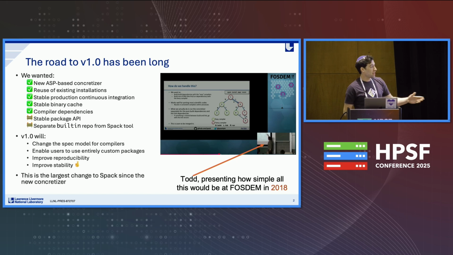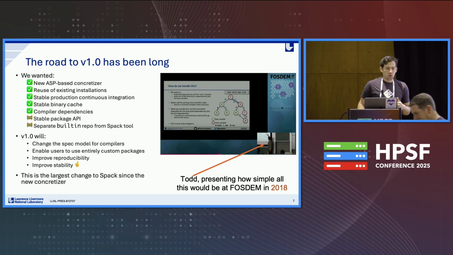But that said, we mapped this out at a certain point, and we are nearing the completion of this large set of work that we mapped out. So what we wanted for Spack 1.0 is a new, more complete concretizer.